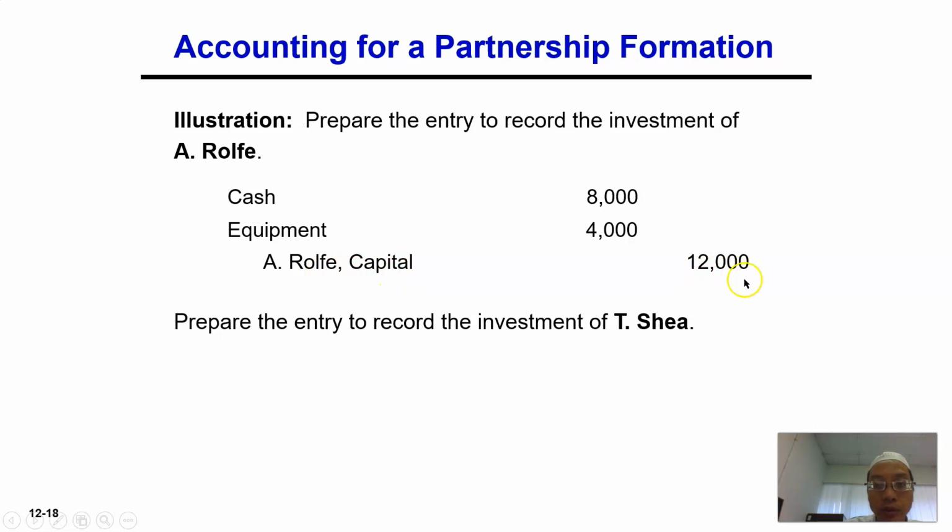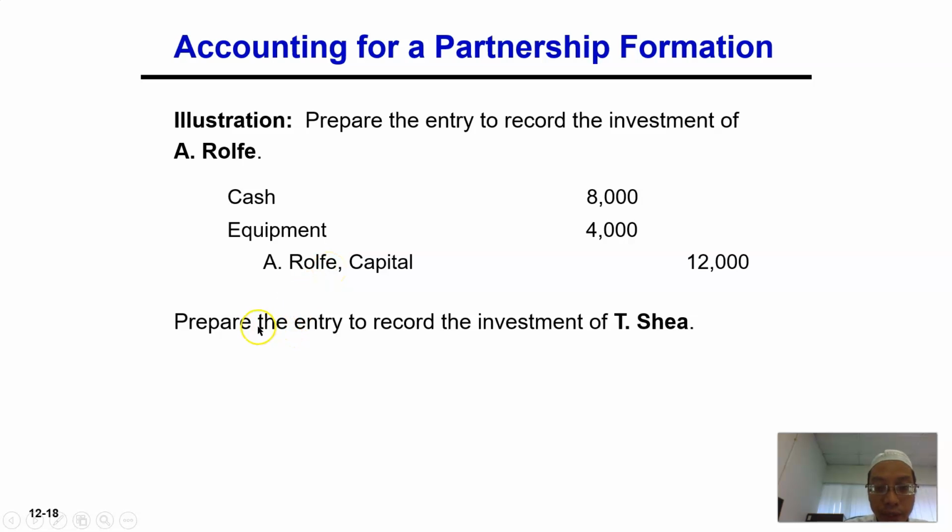This is the owner's equity account for Rolf. In partnerships, the capital account must be attributed to the specific partner. So here we say A. Rolf, capital.